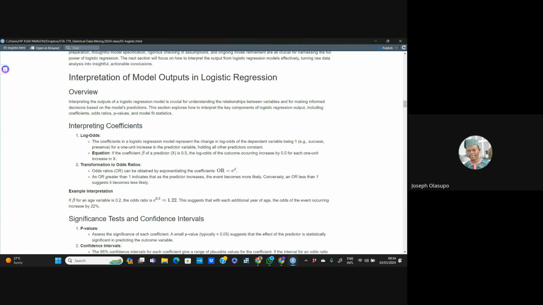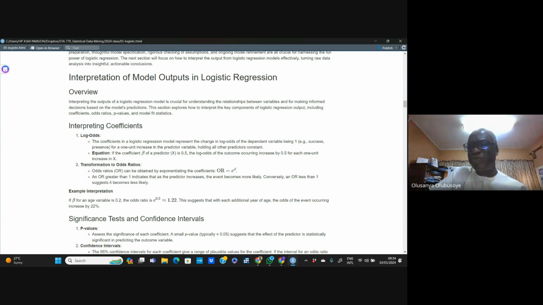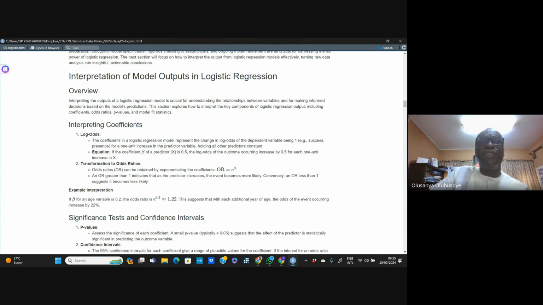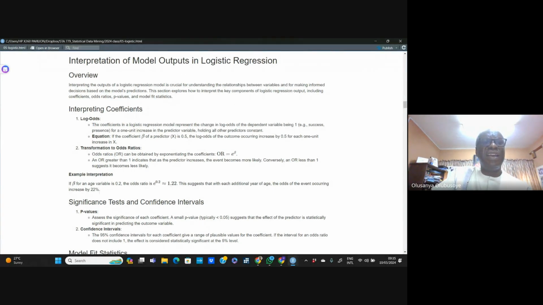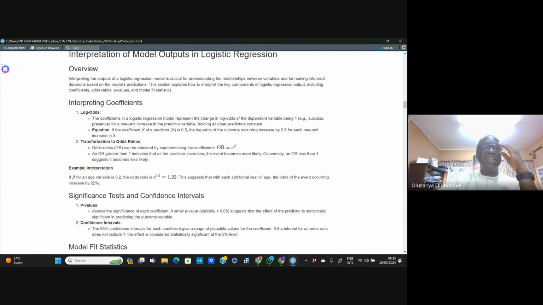Very well, sir. Okay, so let's go on now to interpretation of model outputs in logistic regression. It's always an interesting thing.